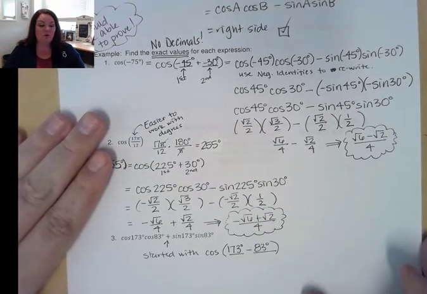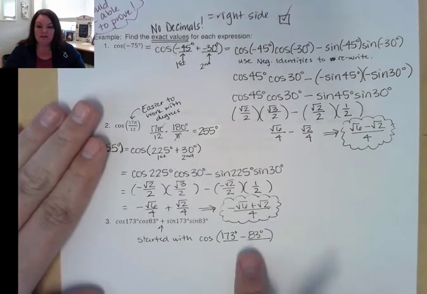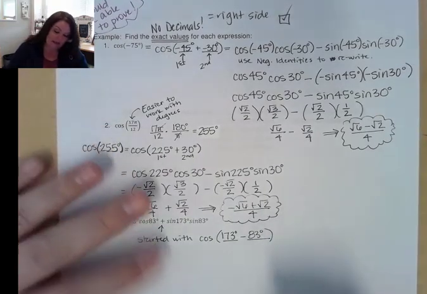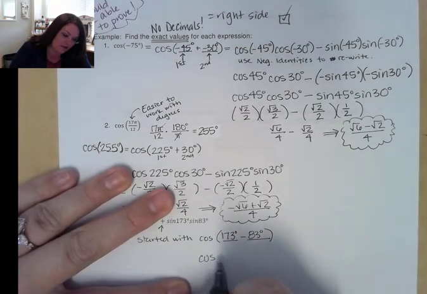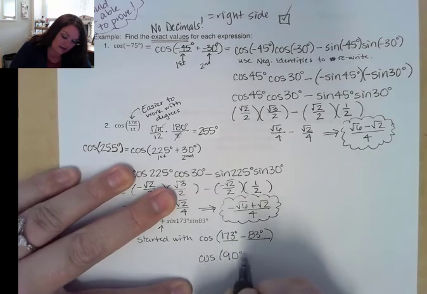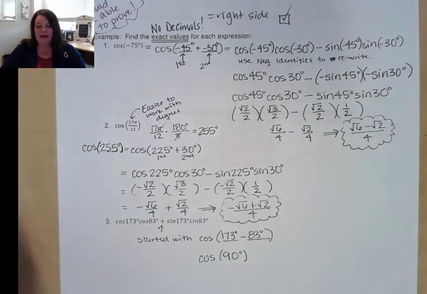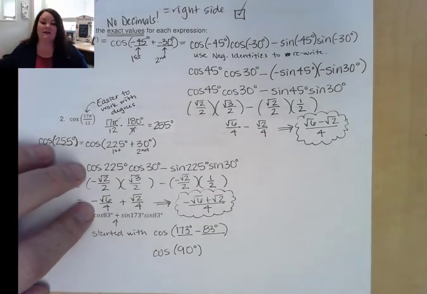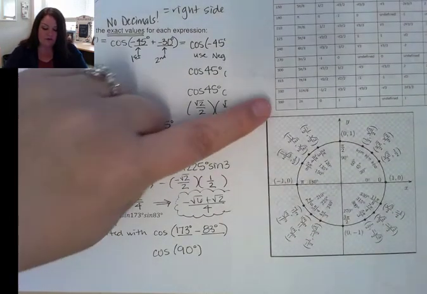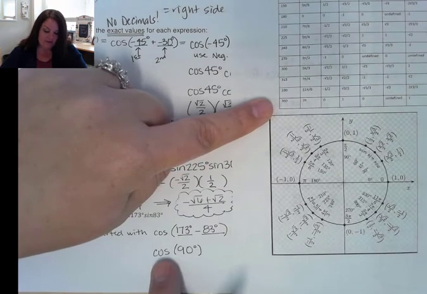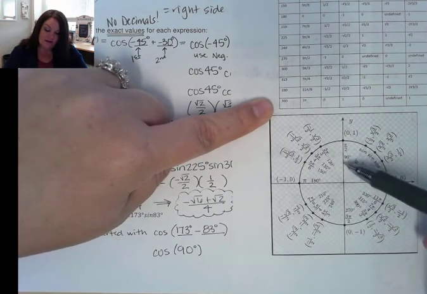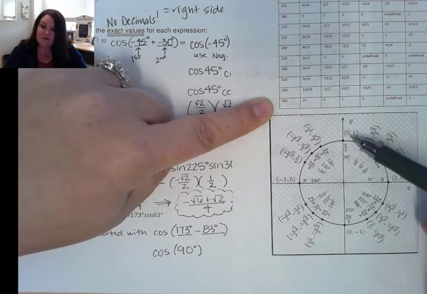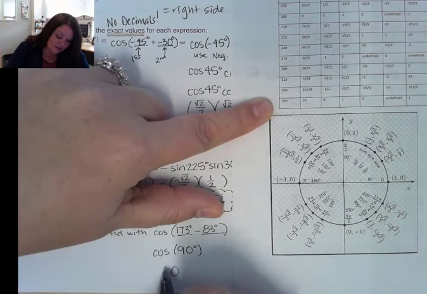So cosine of 173 minus 83 is the same thing as cosine of 90 degrees. And that's something that we should be able to find really easily looking at our unit circle, right? If I want to find the cosine value of 90 degrees, I go up here to 90 degrees. Cosine is my first coordinate, and I can see that my cosine value at 90 degrees is just 0.